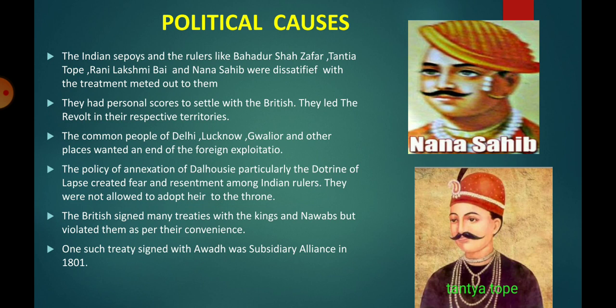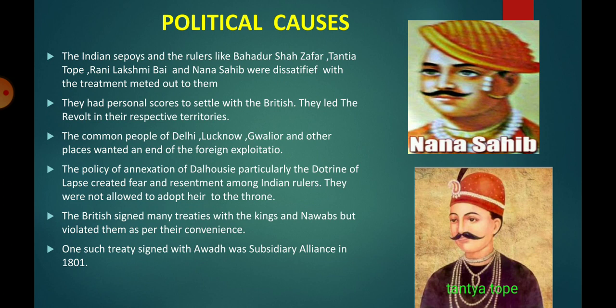Doctrine of lapse means if any king died without his own natural heir, then after the death or demise of the king, the kingdom was automatically annexed with the British Empire.